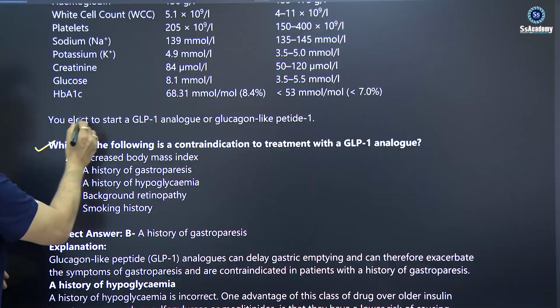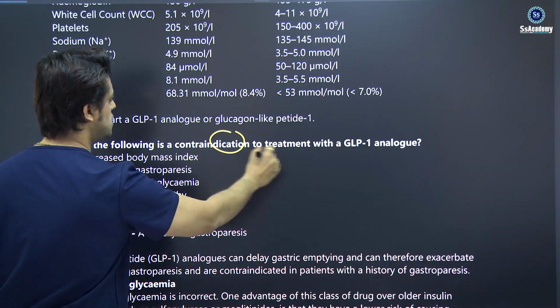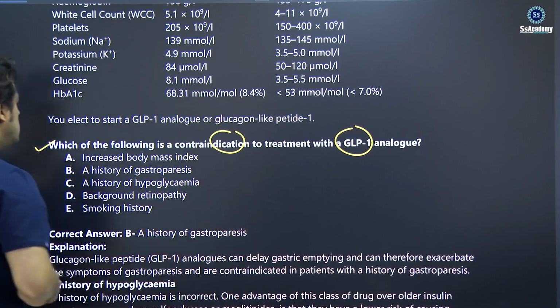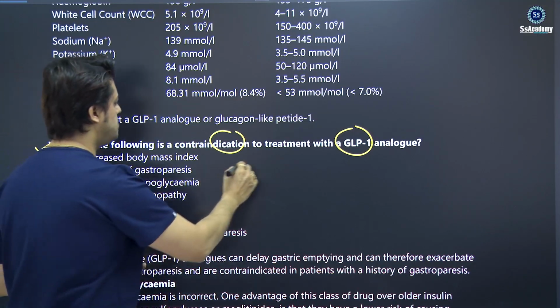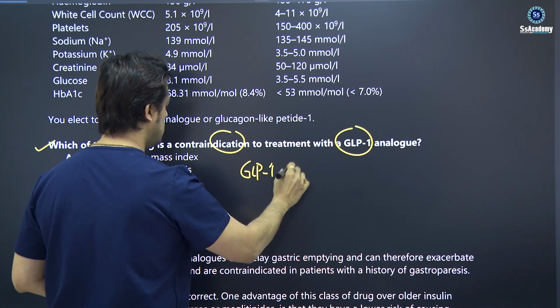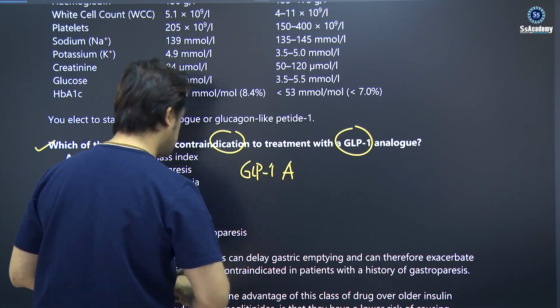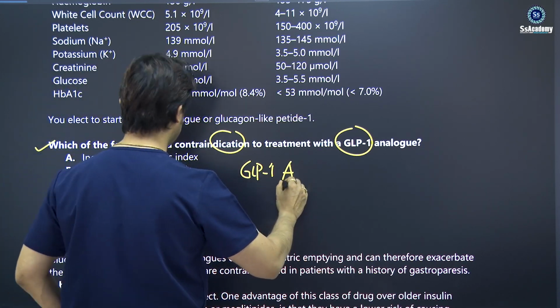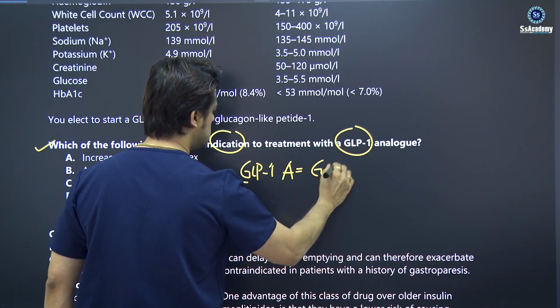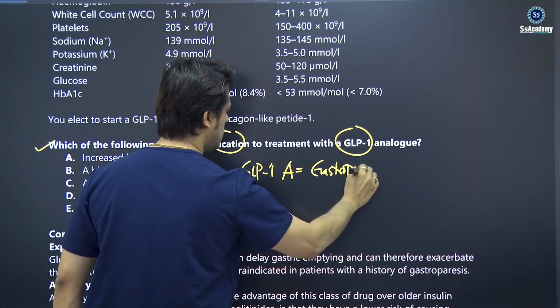So if you get back to the question: which one of the following is a contraindication to treatment with GLP-1 analogs? This is important to know, my dear. You need to know one of the boxes for GLP-1 analogs. It leads to the G for another box, gastroparesis.